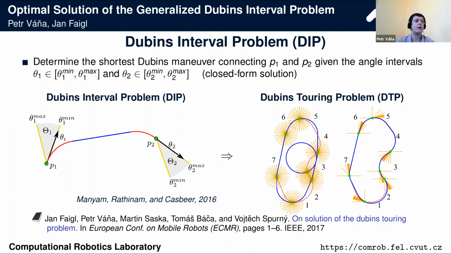Instead of only sampling the heading angle in each location, we can divide the whole continuous space into angular intervals, and then compute, based on the Dubins interval problem, the lower bound between 2 pairs. And once we do that, we can find the shortest tour using the Dubins interval problem, and this gives us the lower bound for the whole problem, which is quite interesting.